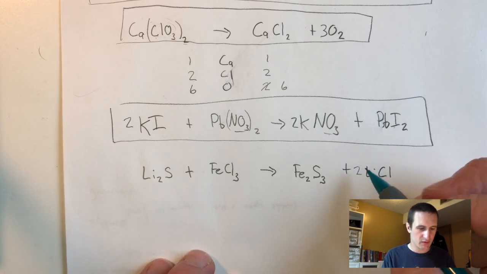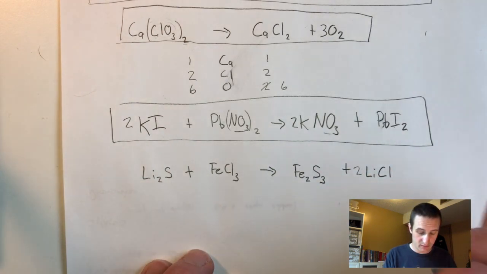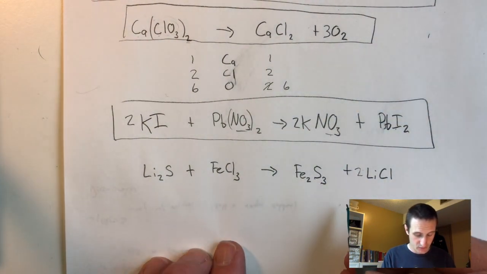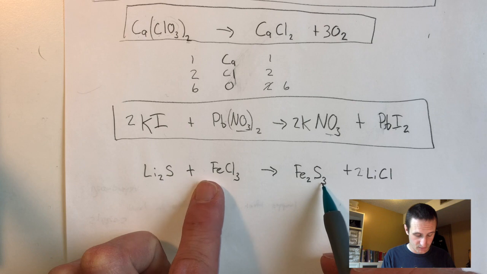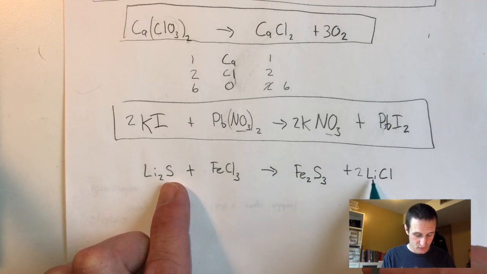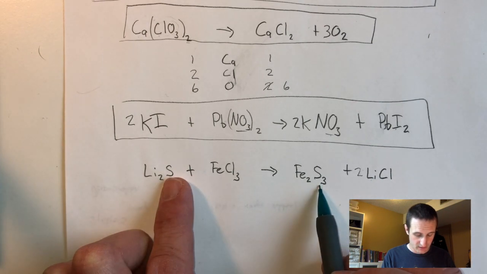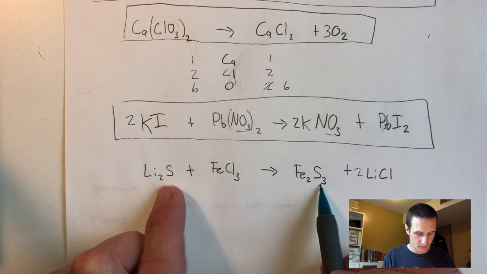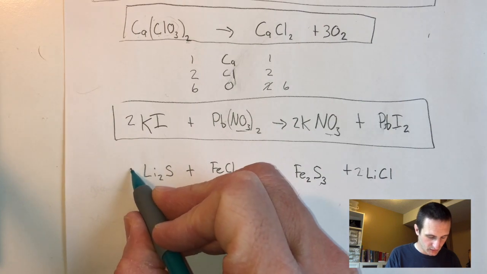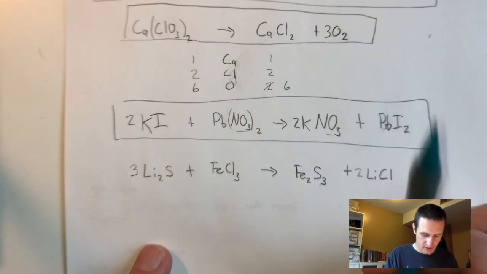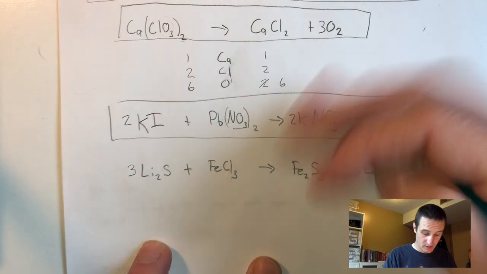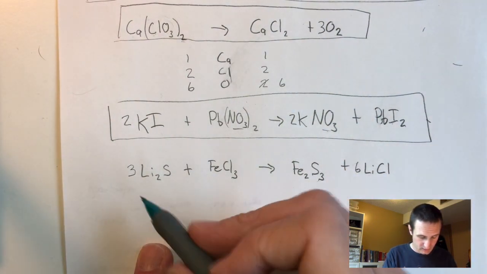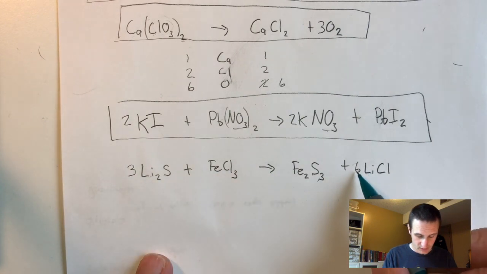And notice I always do this in pencil because sometimes you do have to erase coefficients that you write down, which I'm going to notice right away, that I'm going to have to erase that coefficient of 2 because if I look at the sulfur, the S, I see 1 sulfur and I see 3 sulfur. And so I'm going to have to change that coefficient in front of the Li2S, which means I actually have, let's see, 6 lithium. So I need 6 lithium.